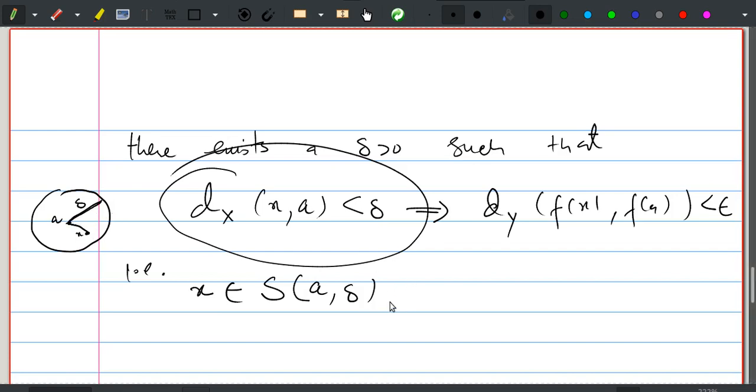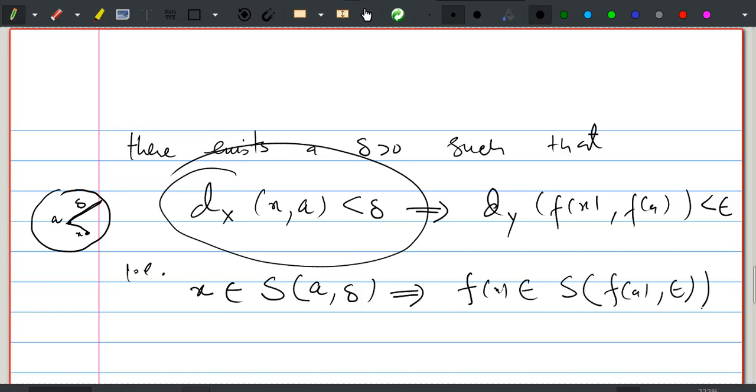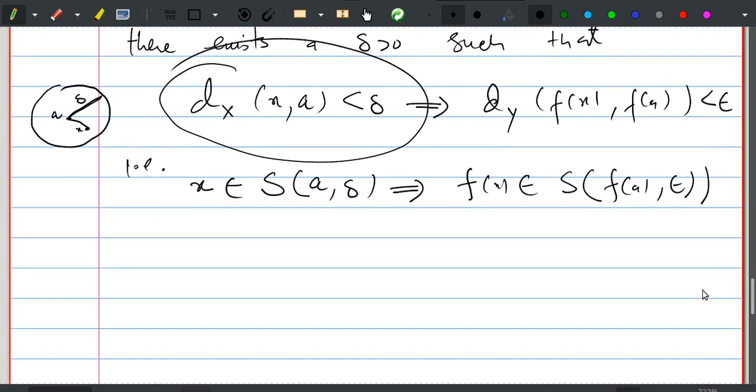So this should imply this f of x must belong to the open ball centered at f of a and radius epsilon. So this is true for any x in this open ball.